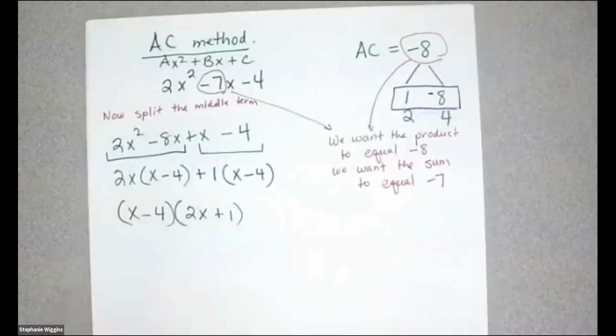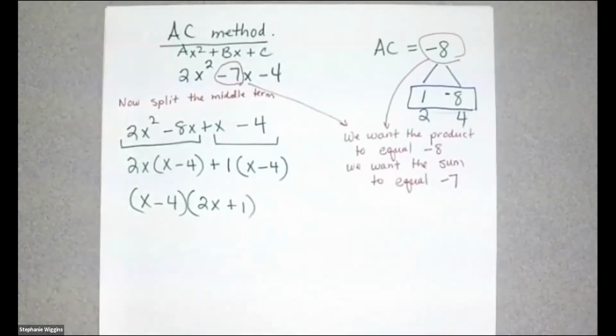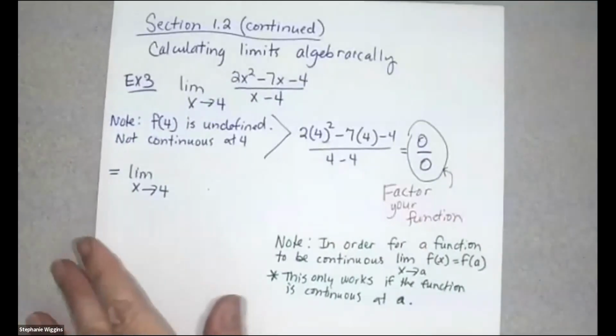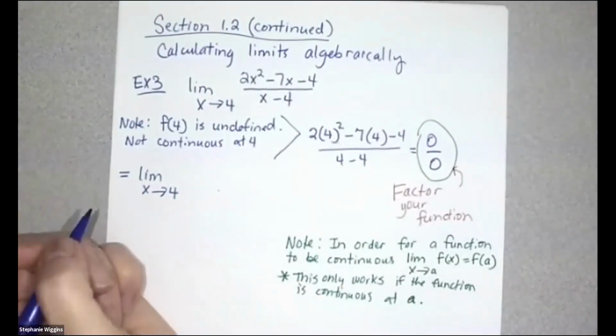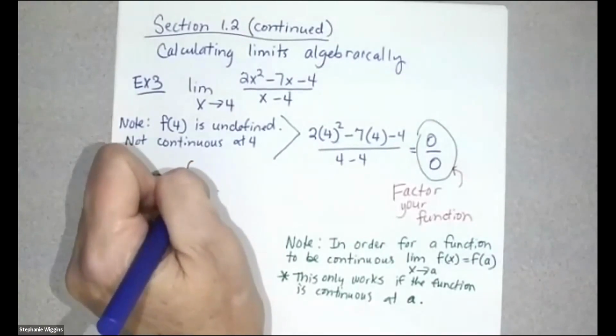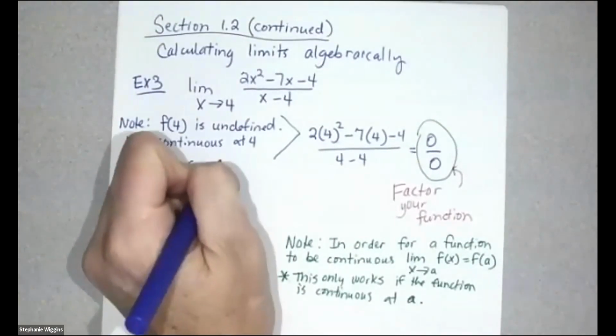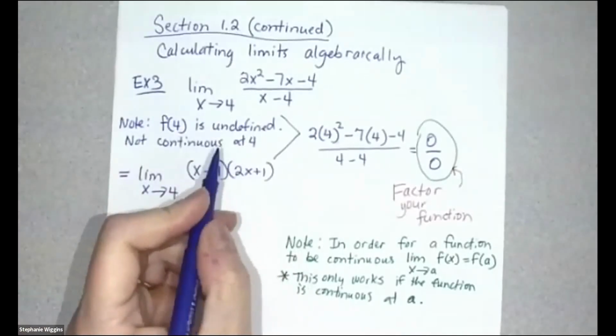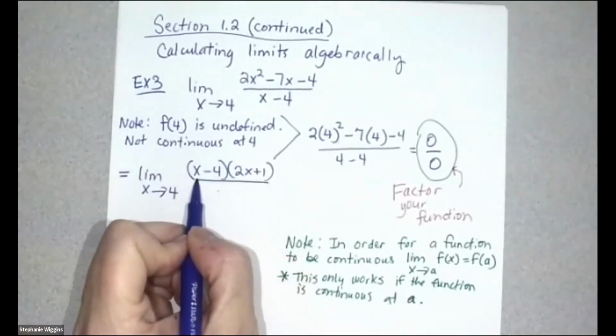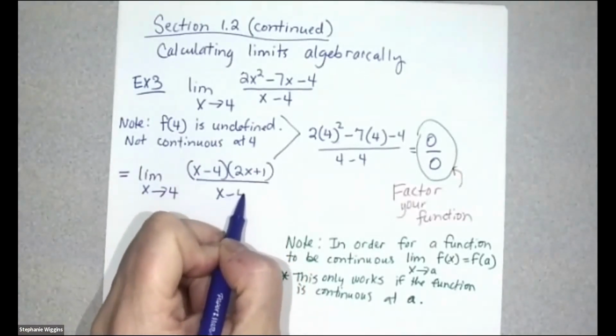So now that we've factored, here's my function. I factored the numerator as x minus 4 times 2x plus 1. And it's divided by x minus 4.